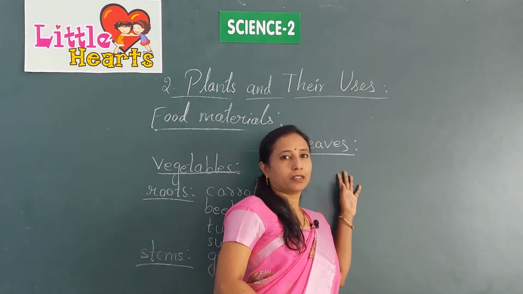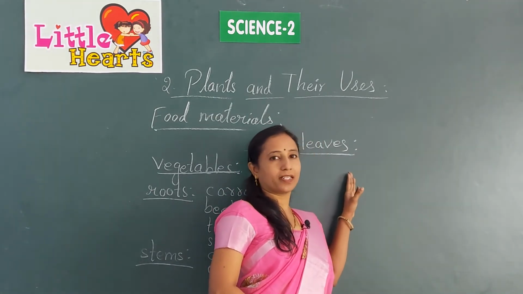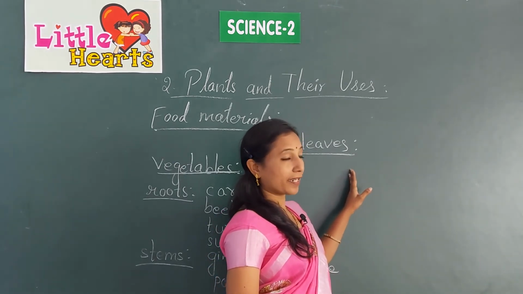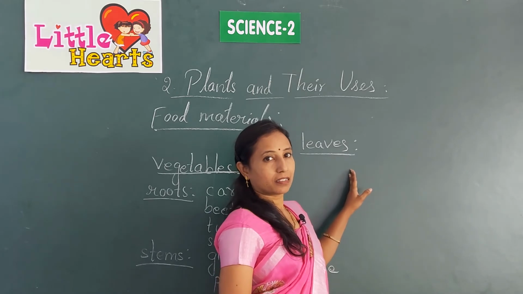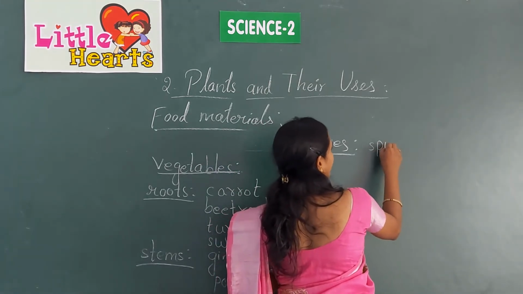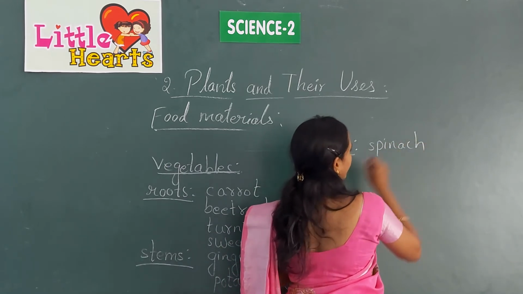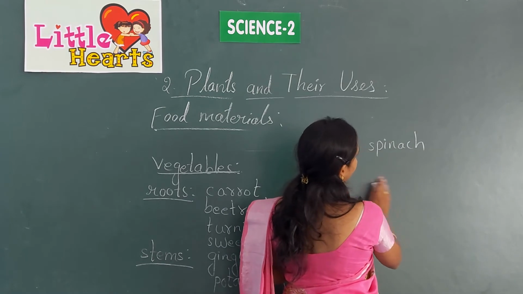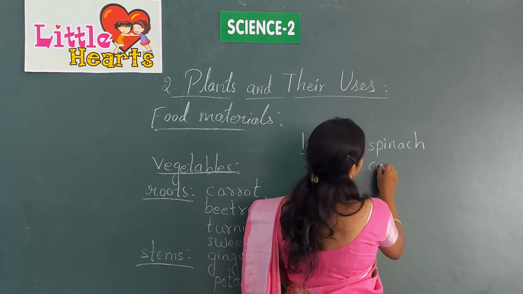Plants store their food in the leaves. So what kind of plants store the food in their leaves? That is spinach, then cabbage.